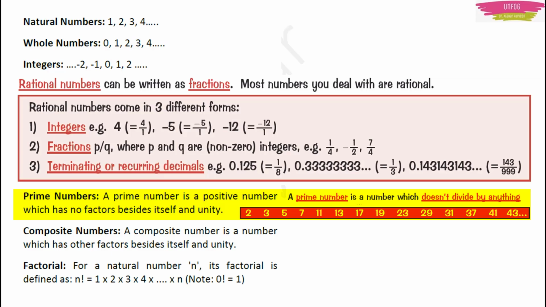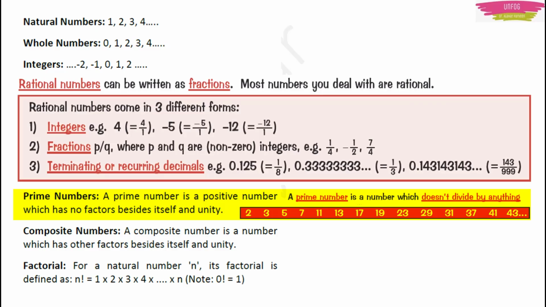For example, 2, 3, 5, 7, 11, 13, 17, 19, 23. These numbers don't come in any table except their own table. That means 2 ones are 2, 3 ones are 3, 5 ones are 5, 7 ones are 7. Except themselves, they will not be found in any other table. Such numbers are known as prime numbers.